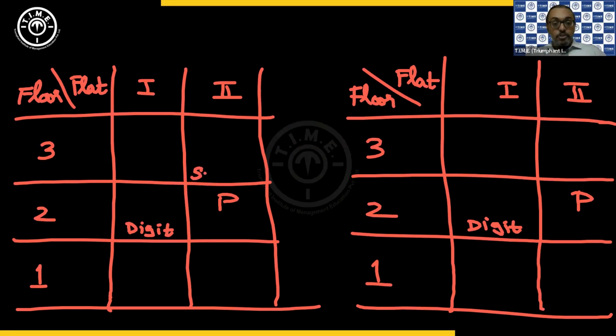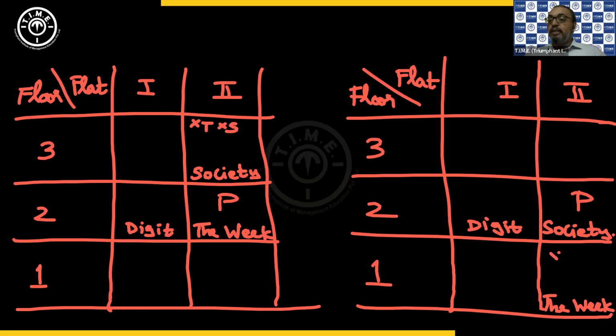I can have society in flat 2 floor 3 and the week in flat 2 floor 2, or I can have society in flat 2 floor 2 and the week in flat 2 floor 1. And now it is very clear that neither T nor S are to be given for the week or society.